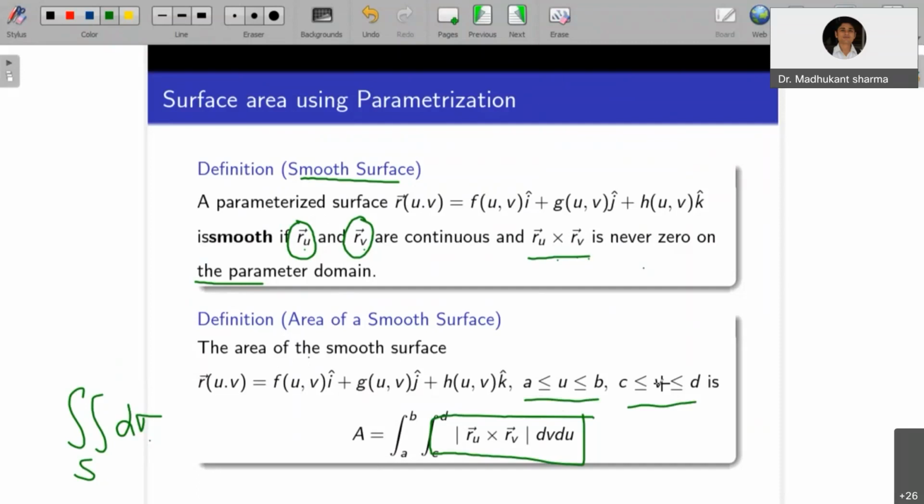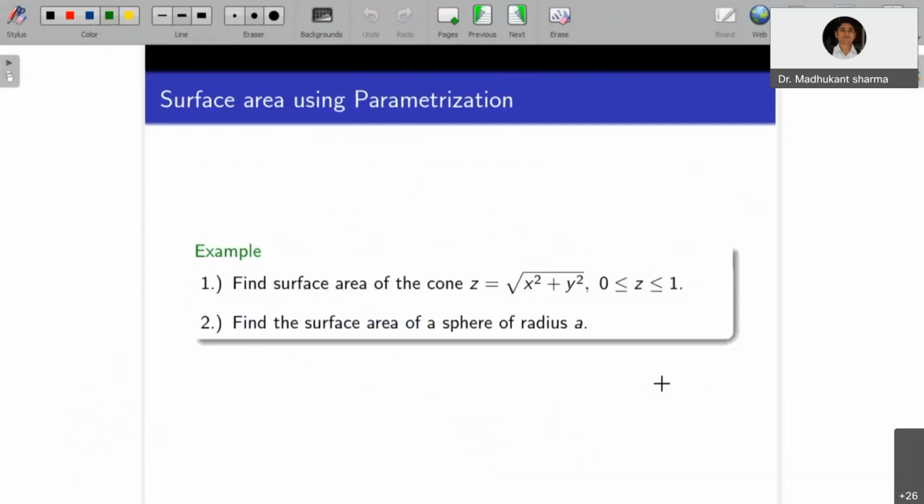Okay, right. So let me take the example we have discussed. We already know the parameterization of this cone, and we also know the parameterization of a sphere of radius a, and the formula for the surface area of a sphere of radius a.